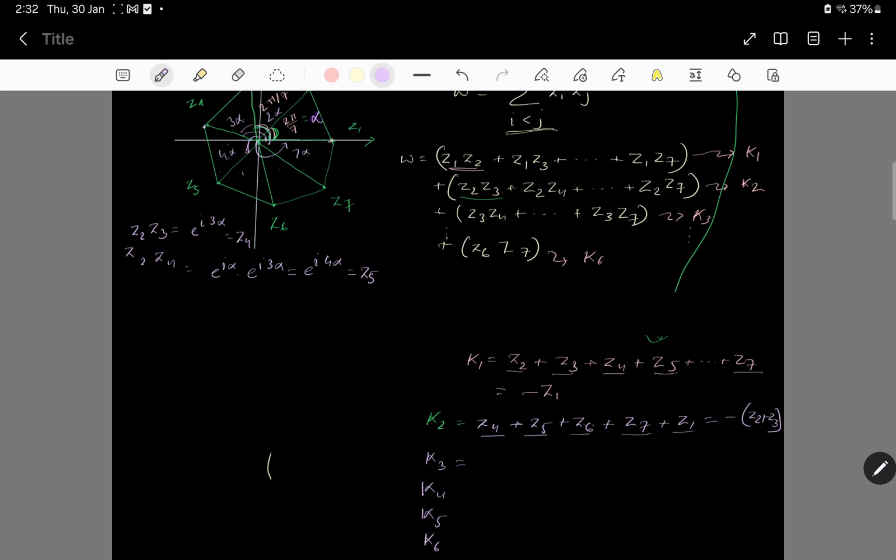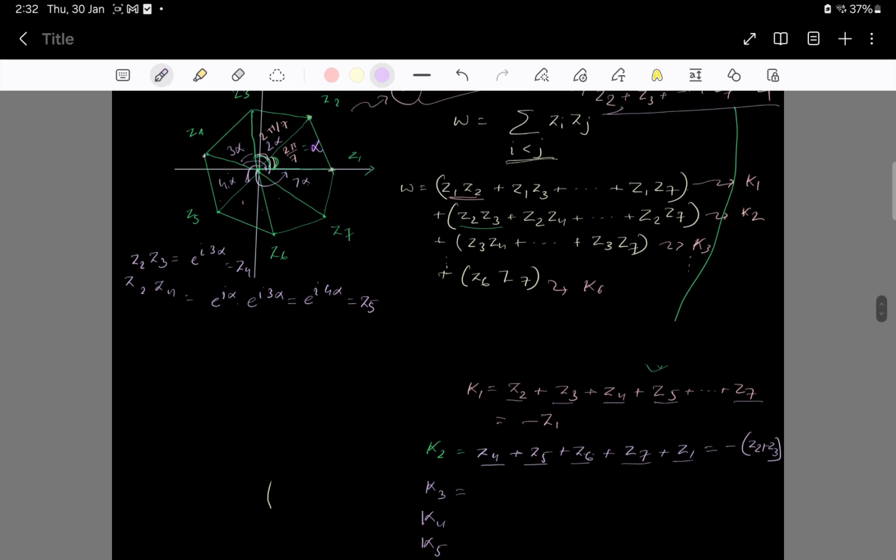So k3 equals z3 multiplied with z4. z3 multiplied with z4 means e to the power i 2 alpha multiplied with e to the power i 3 alpha, which means e to the power i 5 alpha, which is our z6.